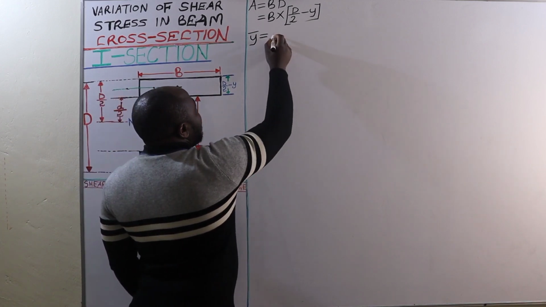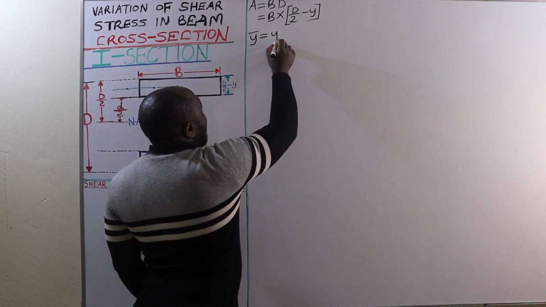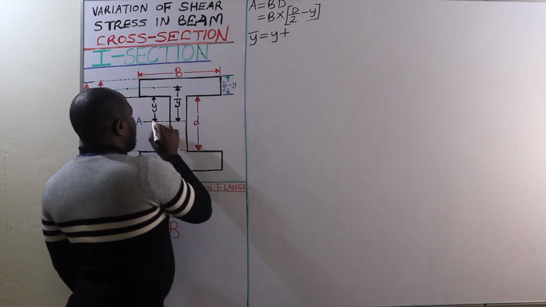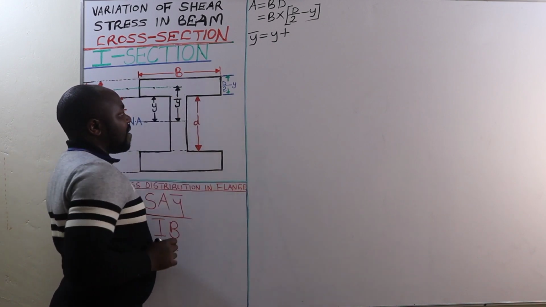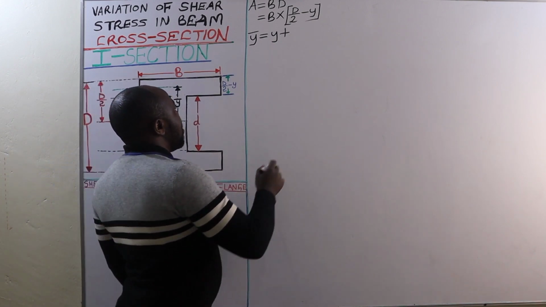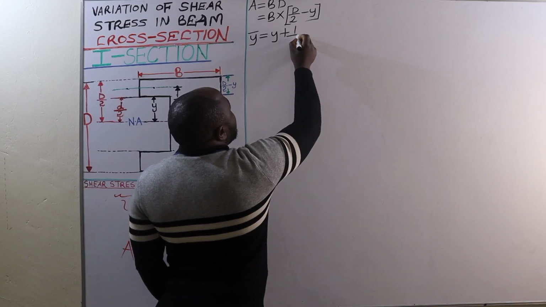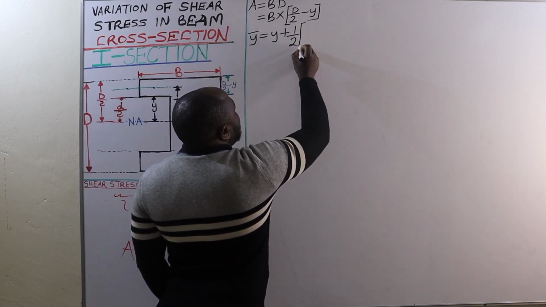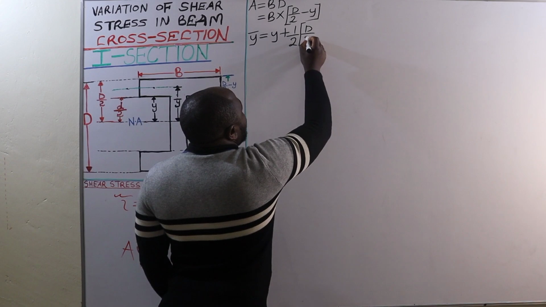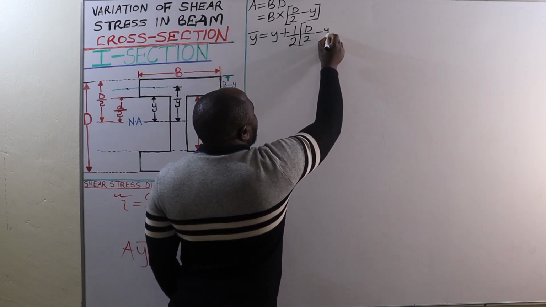Therefore, we are going to have y plus half the depth of the top flange, which will be a half into D over 2 minus y.